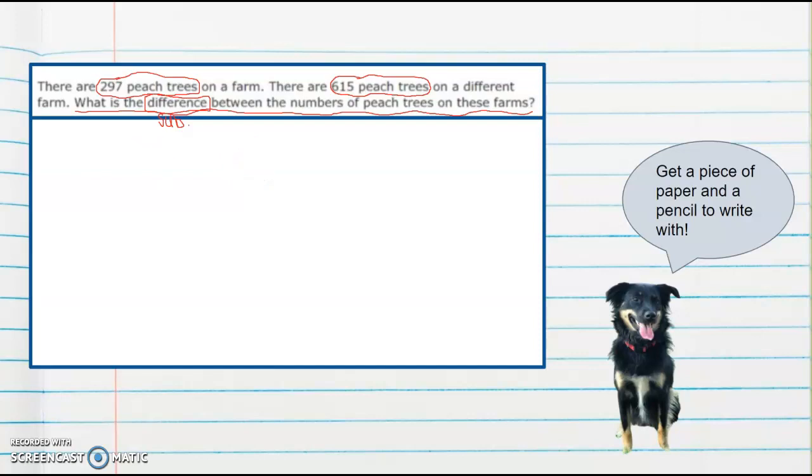So you need to remember that 615 is going to go on top. 6, 1, 5, 2, 9, 7. And we know we're subtracting because of the word difference.